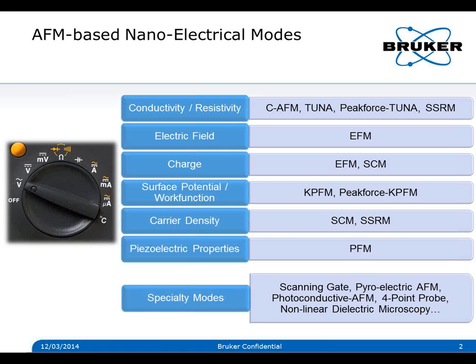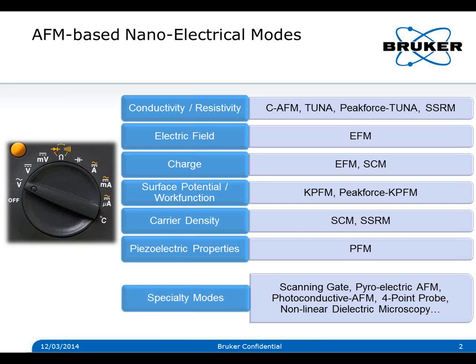So basically, anything we can use a macroscopic probe for, as we use on a handheld multimeter, for example, we basically can measure that with an AFM as well.